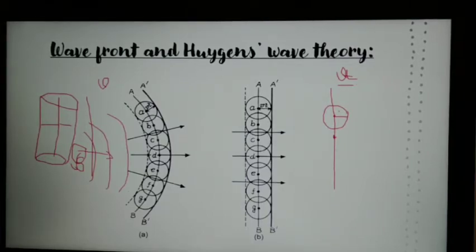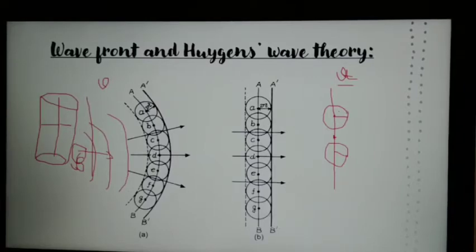From each point on the wavefront, you can have such spheres with radius Vt, from the point B, Vt, from the point C, Vt, and you join the tangent to all these spheres.